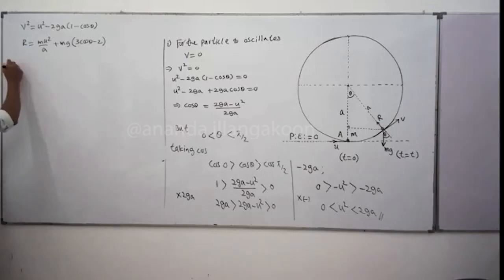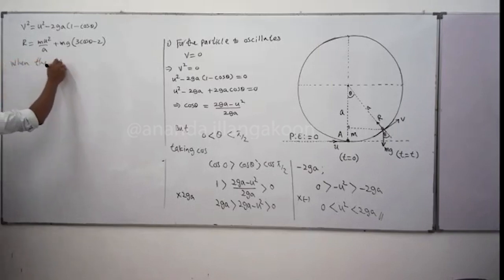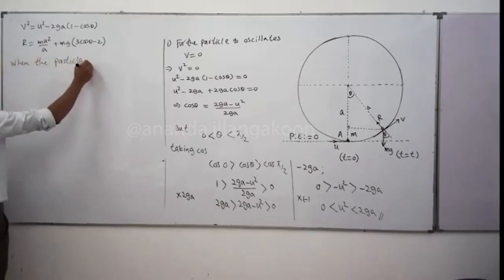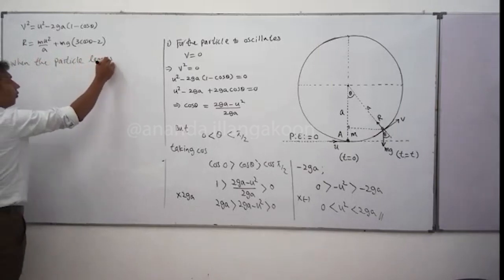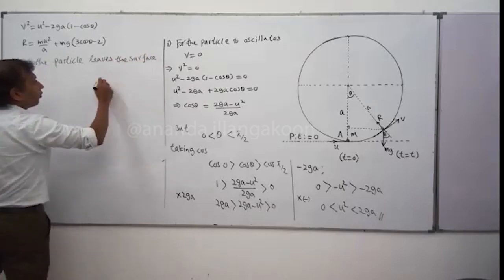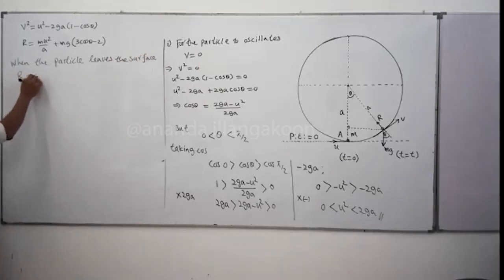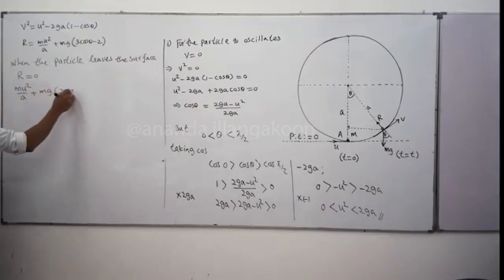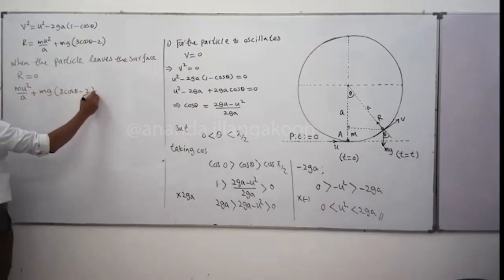You can write, when the particle leaves the surface, R equals 0. Then put R equals 0 here: m u squared by a plus m g times (3 cos theta minus 2) equals 0.